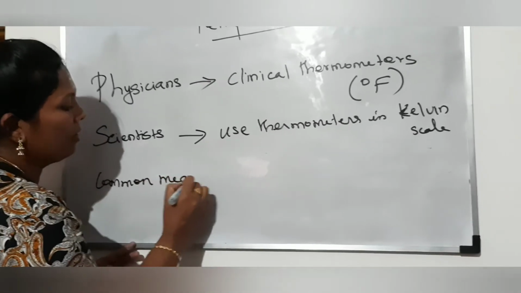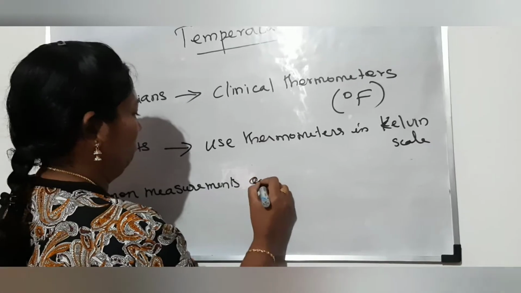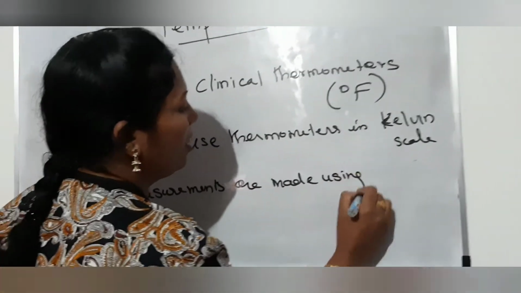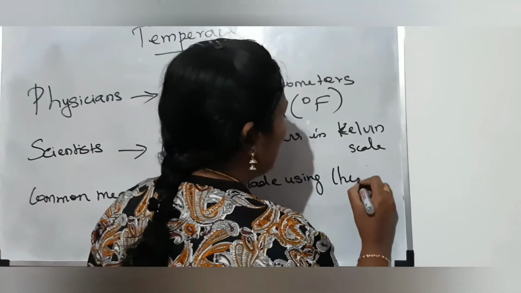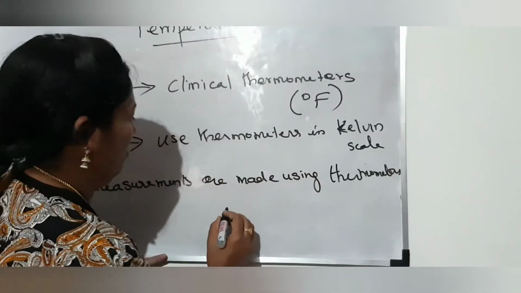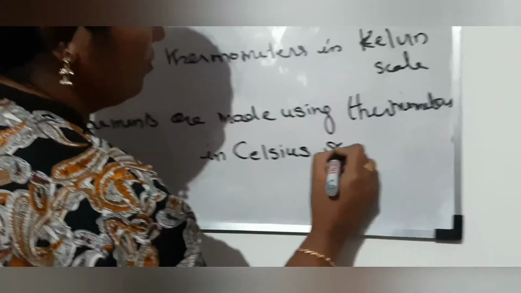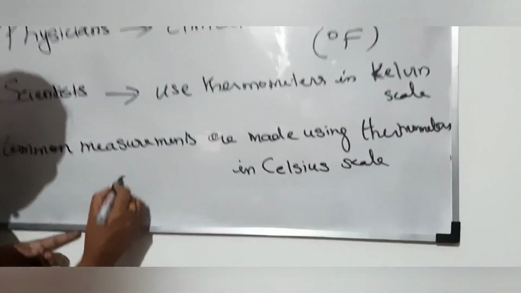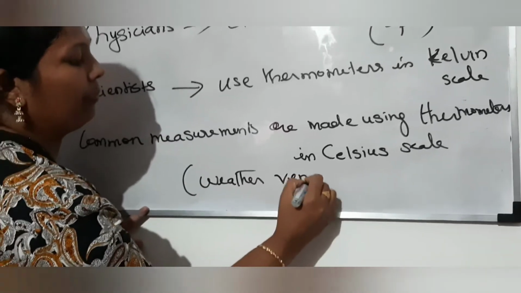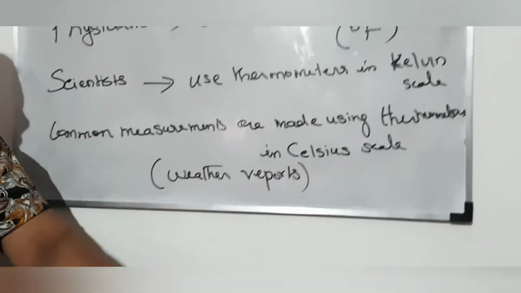Common measurements are made using thermometers in the Celsius scale. For example, we can say weather reports. We measure weather reports in the Celsius scale.